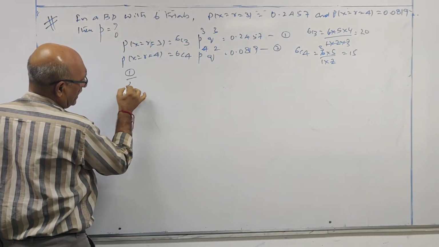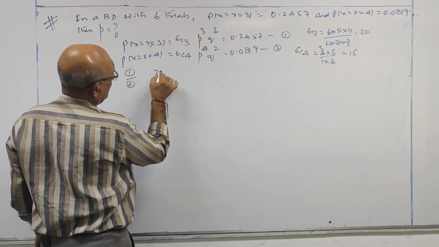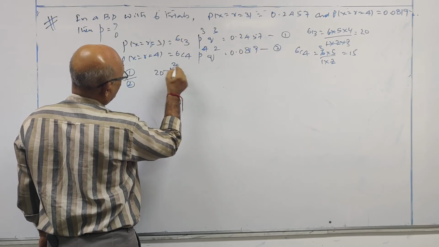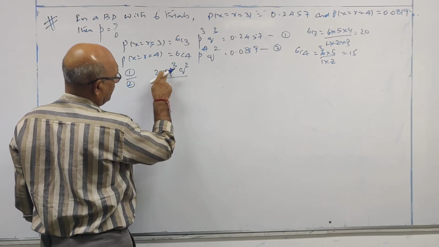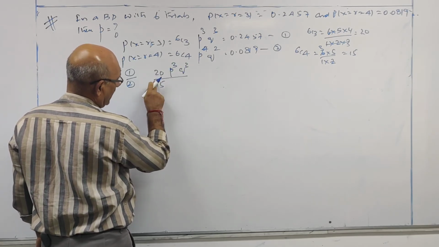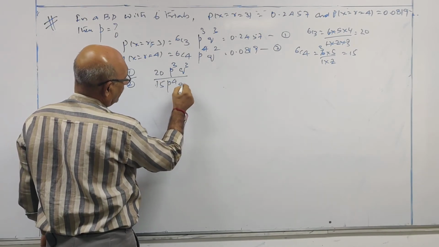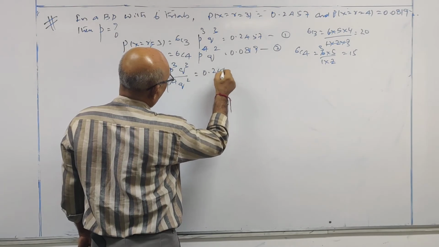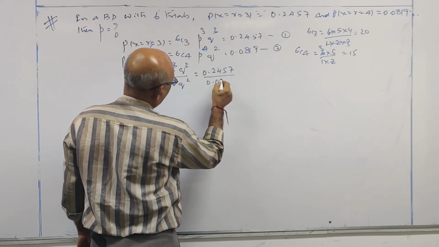So, equation number 1 divided by 2. 20 into p to the power of 3 q to the power of 3 divided by 15 into p to the power of 4 into q square is equal to 0.2457 divided by 0.0819.